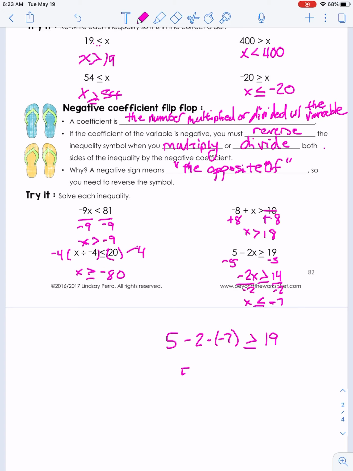So we have 5 minus, or if we think about it, we have a -2 times a -7, so plus 14 is greater than or equal to 19. So we have 19 is greater than or equal to 19. So we have our correct answer.